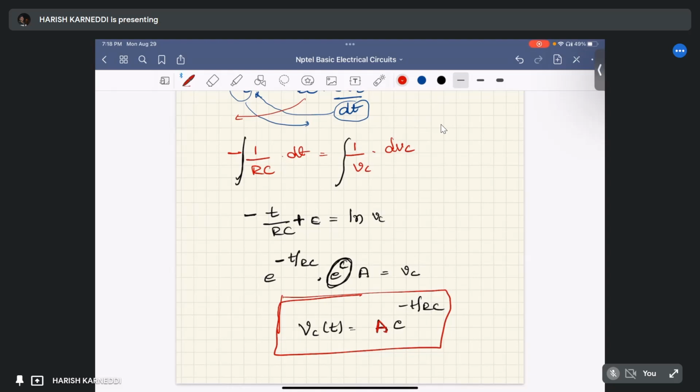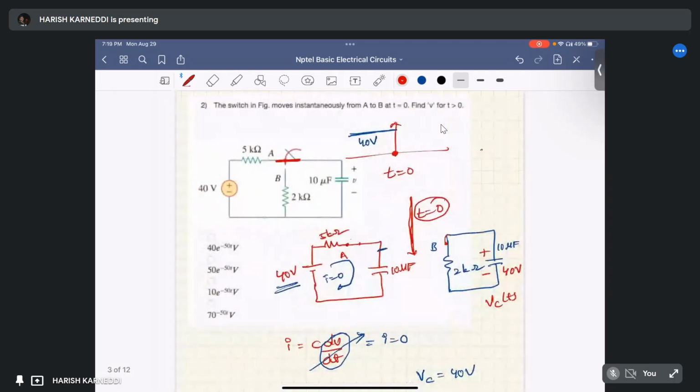What we know, at t equal to 0, we know the voltage across this capacitor, right? Before moving the switch towards the B position, the voltage across the capacitor is 40 volts. And what is the property of the capacitor? The capacitor doesn't allow a sudden change in voltage.